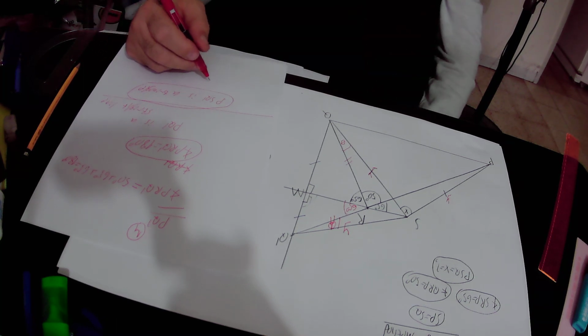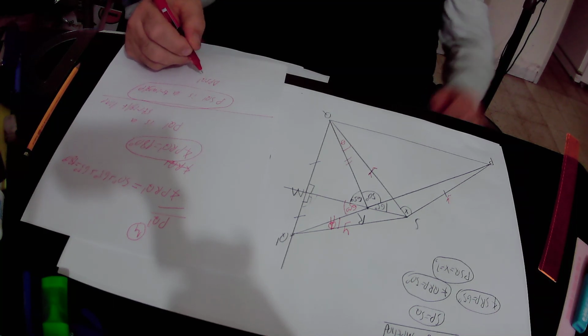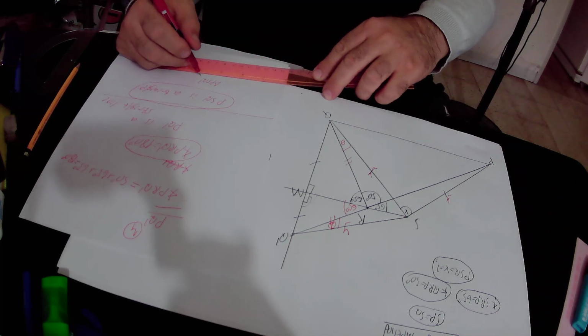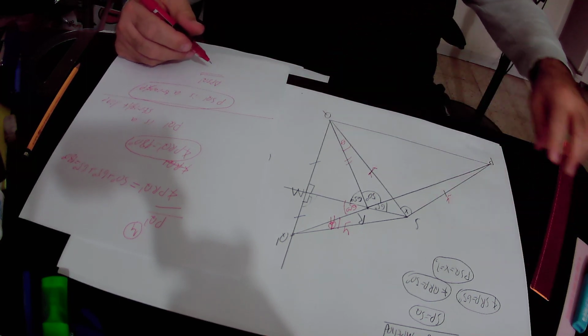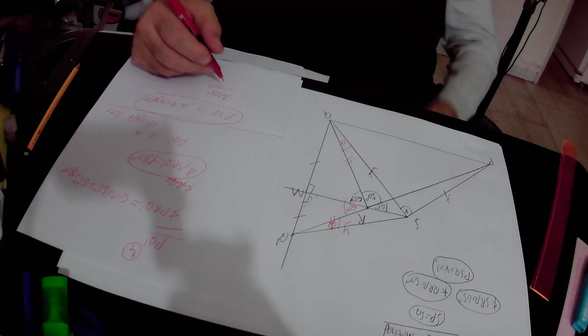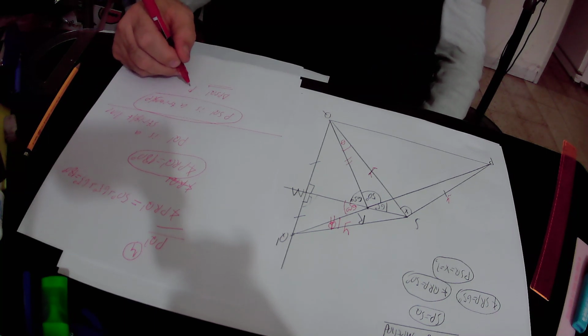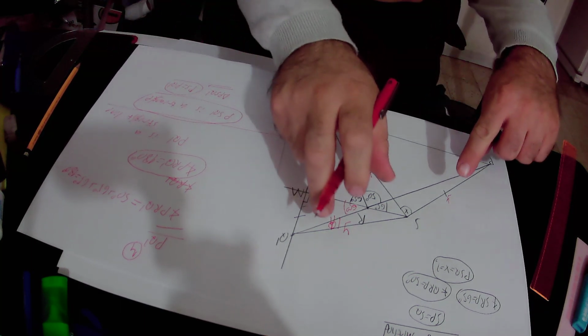So in triangle PSQ dash, we know that side PS equals side PQ dash. Those two sides are equal to each other.